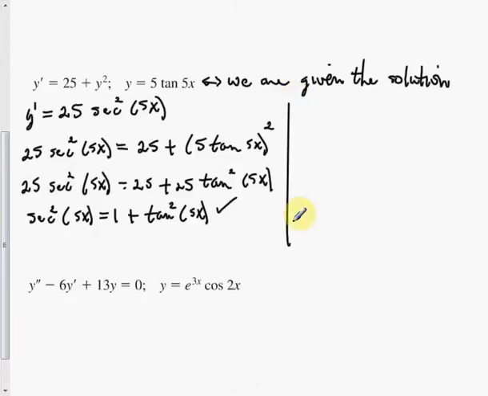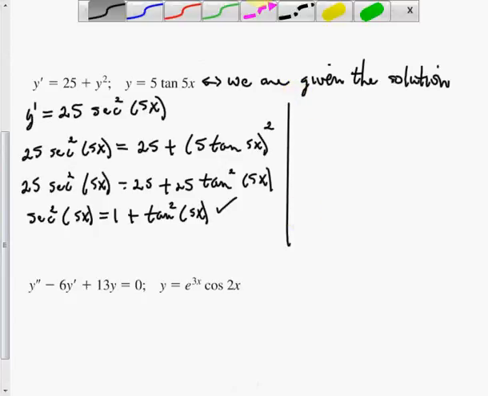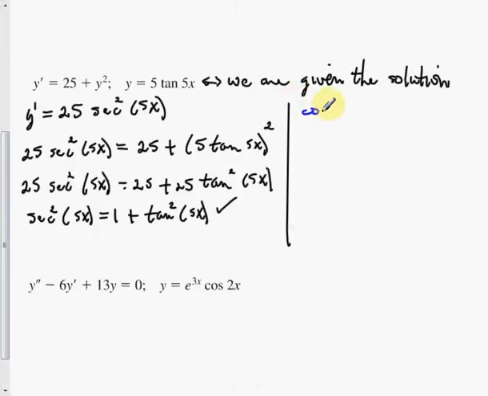Well, we know that cosine squared x plus sine squared x is equal to 1. Dividing through by cosine squared x, we get 1 plus sine squared x over cosine squared x is equal to 1 over cosine squared x.